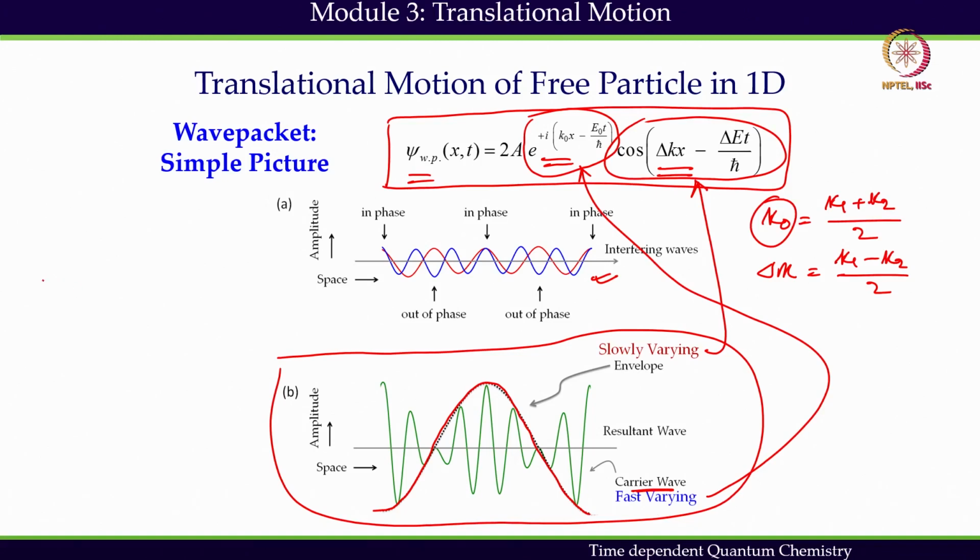How do I draw the components? One component is very slowly varying, this is just to draw, this is still a slowly varying component. Another fast varying component I have, which is very quickly varying within this envelope, very quickly varying.